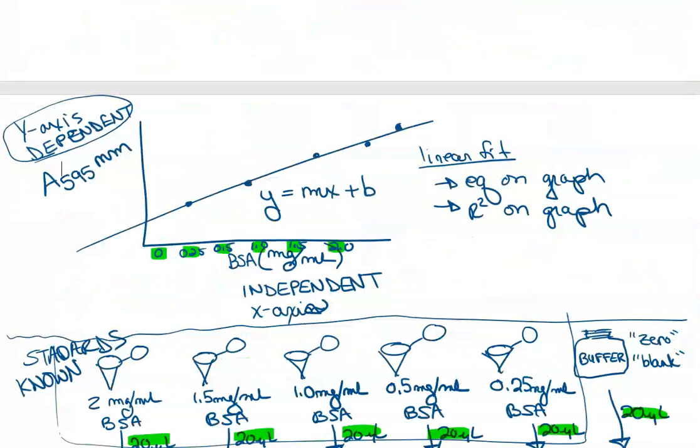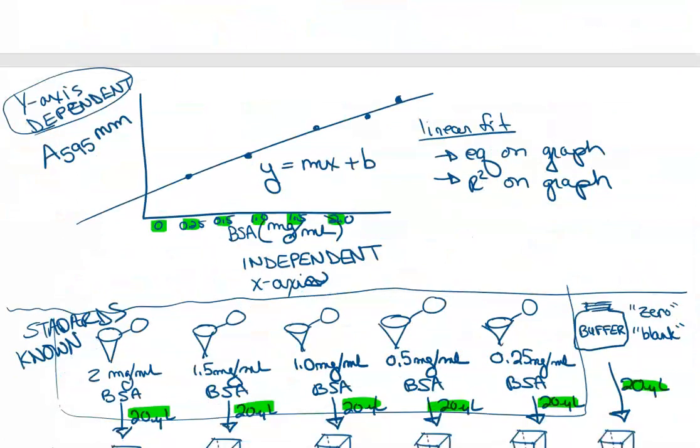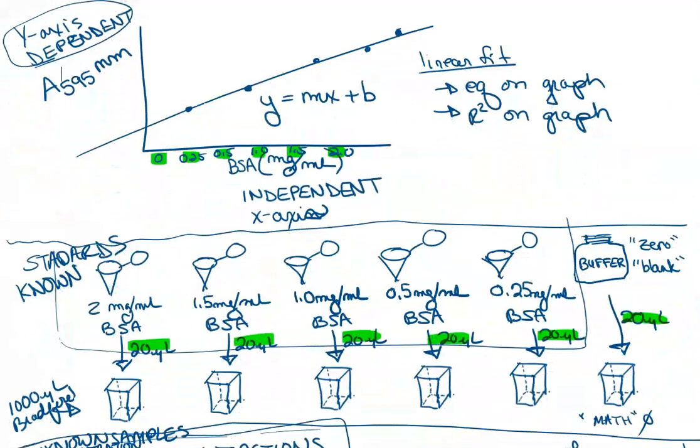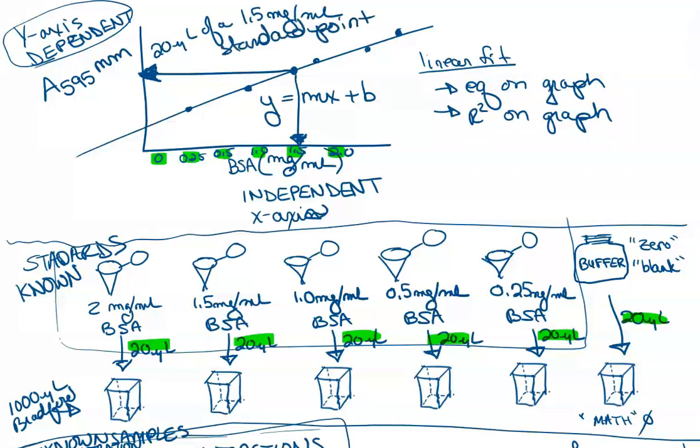So if we take 20 microliters of a 1.5 mg per mL standard point, we get a particular absorbance, and that absorbance that we read tells us that this came from 20 microliters of a 1.5 mg per mL standard point. So I just want to show you that the units, everything here is legitimate and it all lines up.